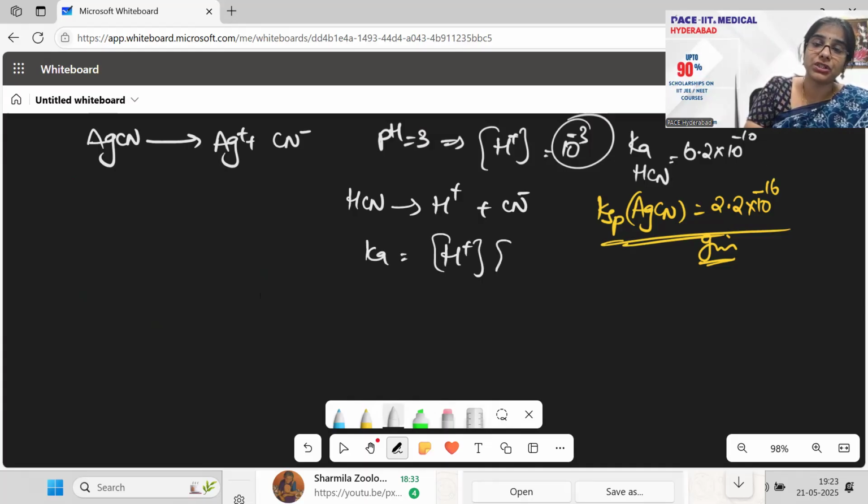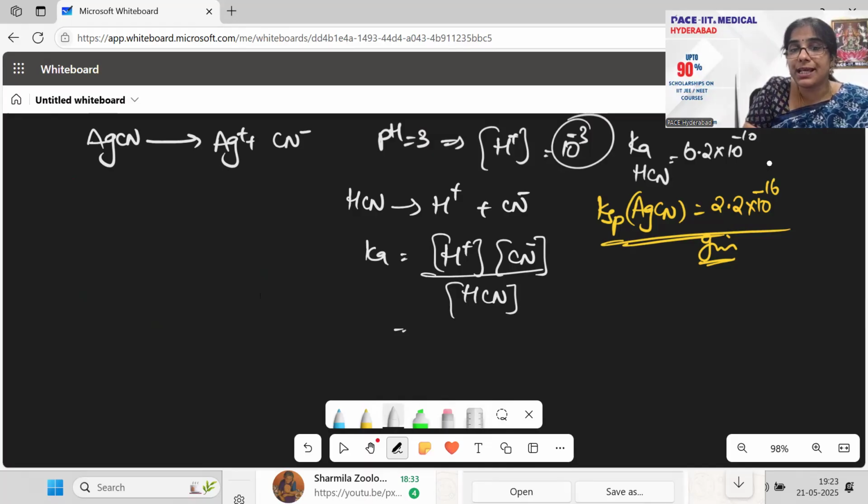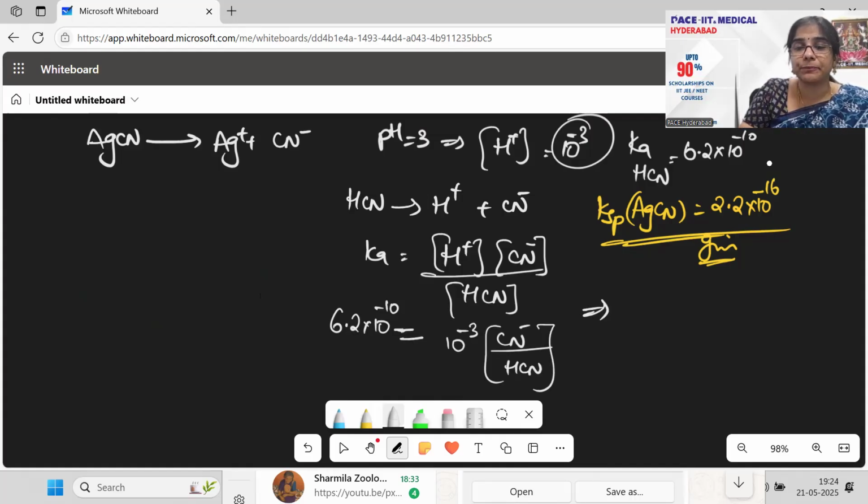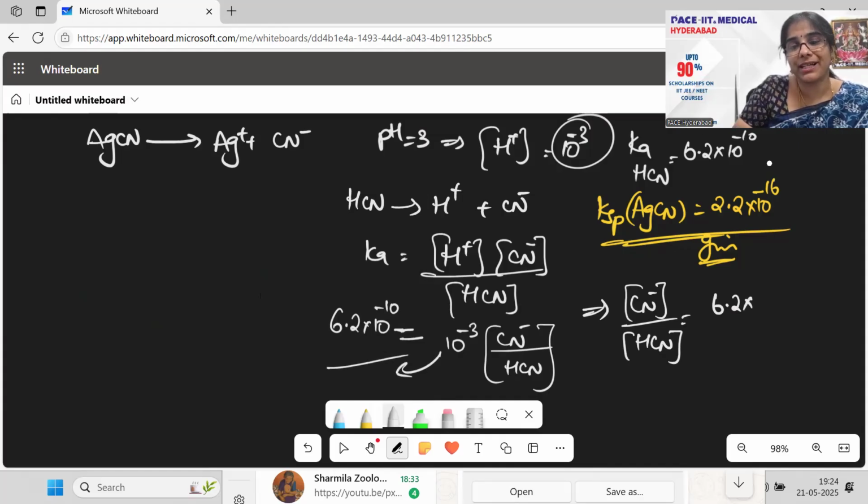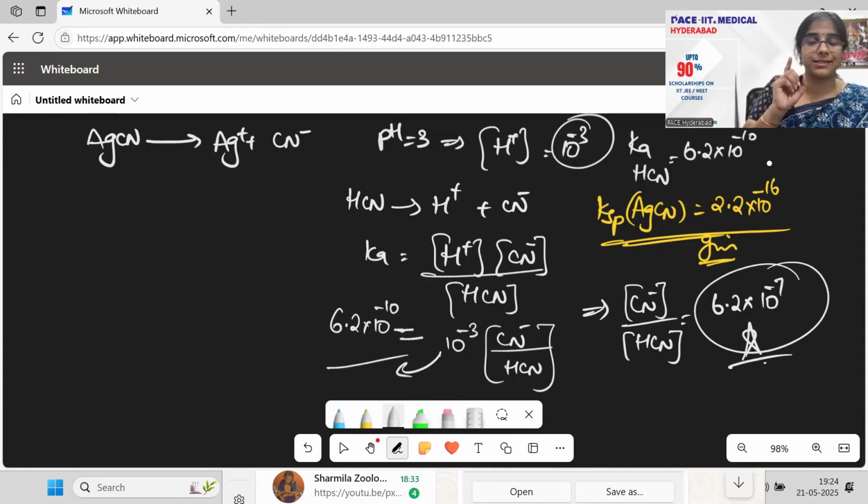H plus concentration into cyanide minus concentration by HCN concentration, out of which this Ka value 6.2 into 10 to the power minus 10 given to us is equal to H plus concentration, given to me as 10 to the power minus 3 times, बचा यहाँ पे cyanide ion and HCN का concentration. This goes in there, implies CN minus concentration by HCN concentration is 6.2 into 10 power minus 3 को left side भेज देंगे बच्चे, 10 power minus 7 बच गया मेरा cyanide ion concentration to HCN concentration.